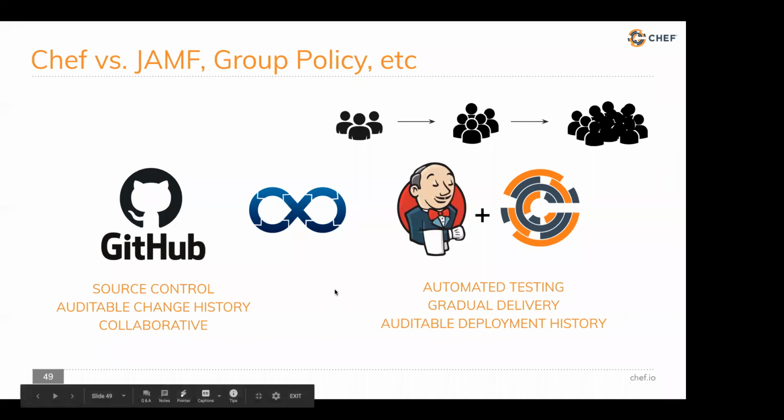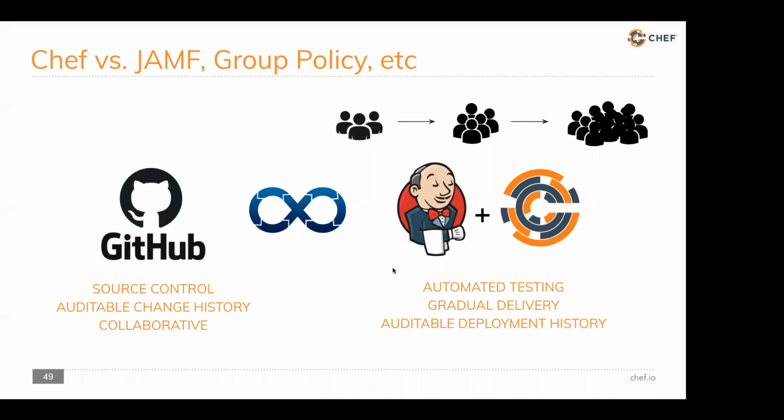And there's always an SDLC type of pipeline to these successful Chef organizations. So they might use a Jenkins to do automated testing, gradual delivery. And again, all of the history of everything that goes on with all their change management from a desktop follows those classic SDLC patterns. It's all auditable. We can do rolled out deployments, canary environments.